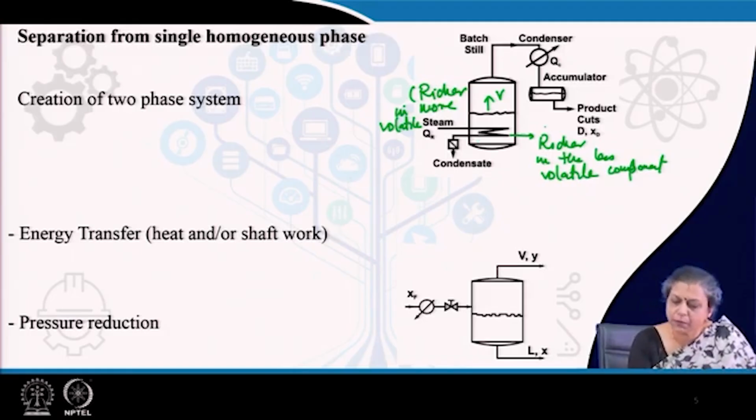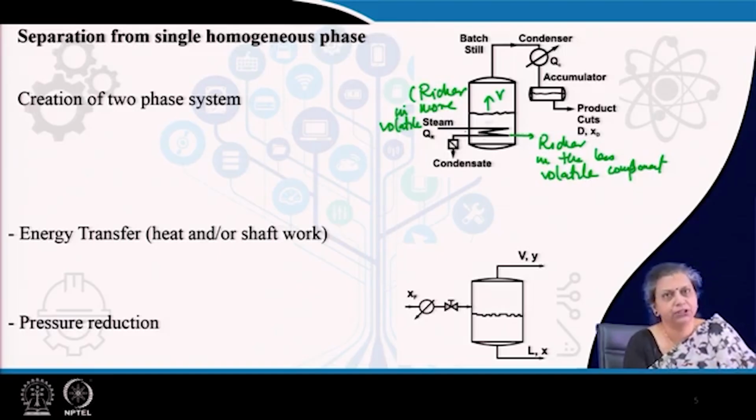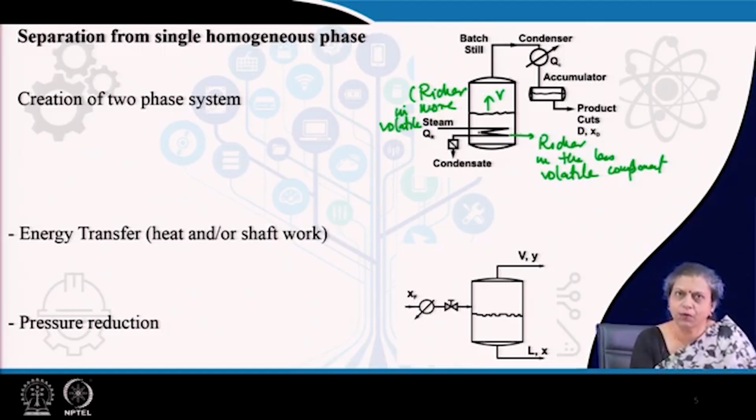So, this is one particular way by which a second phase, or rather a vapor phase, has been created from a liquid phase by application of heat, and the vapor phase which has been obtained by partially vaporizing the liquid feed separates the liquid into more volatile components which have been obtained as a product, leaving behind the less volatile components.